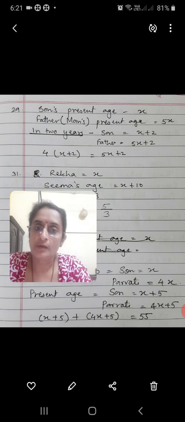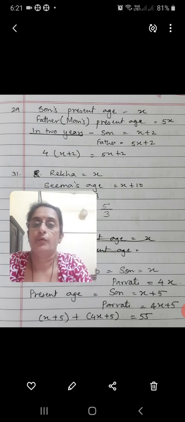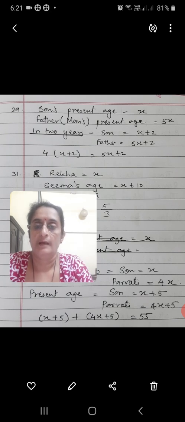Now what is told? After 2 years, the father's age will be 4 times the son's age. Now how are you going to do it? The son's age you have to make 4 times. So the son's age is x plus 2, and you multiply that by 4.